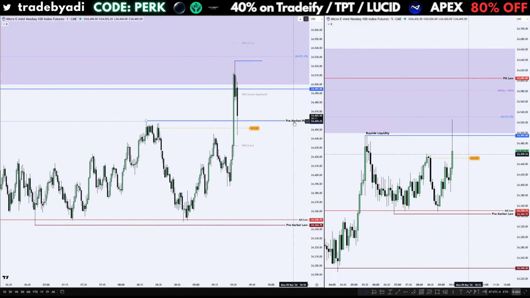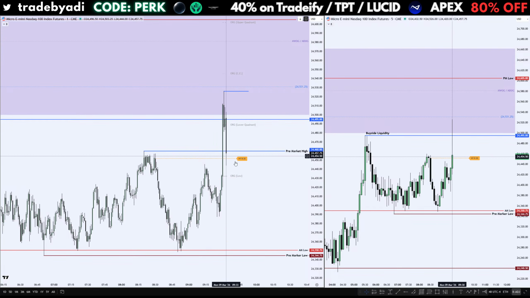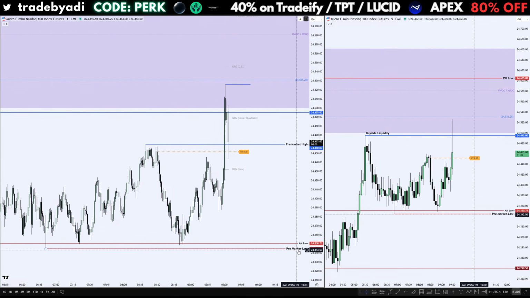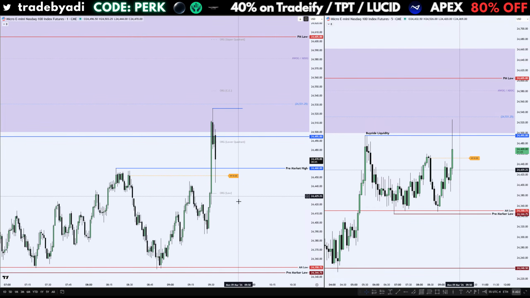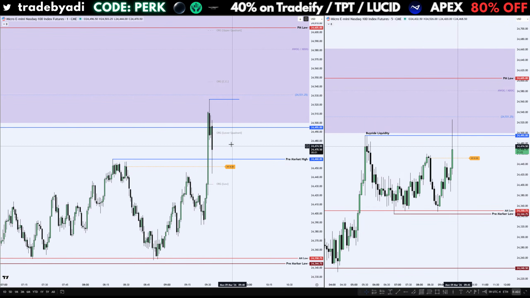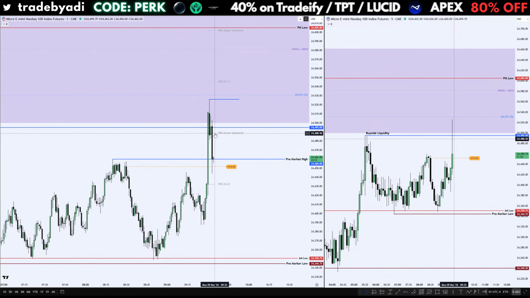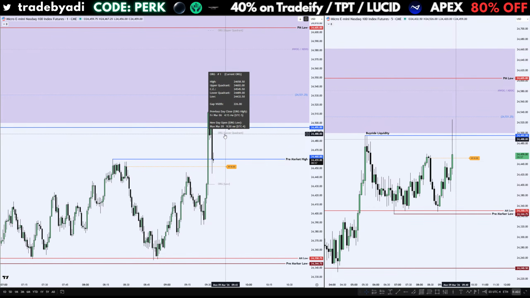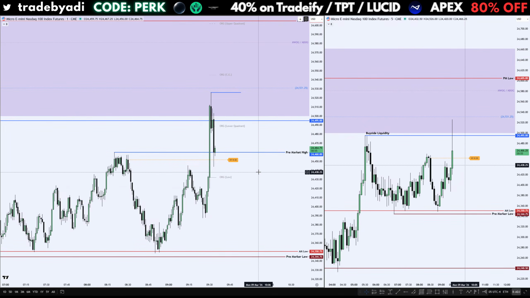It is the session liquidity. If we flip this gap completely, then we can look for this pre-market low as liquidity. We need to wait and see how this gap is going to target, because we have closed the body above this opening range gap. Let's wait for more information.